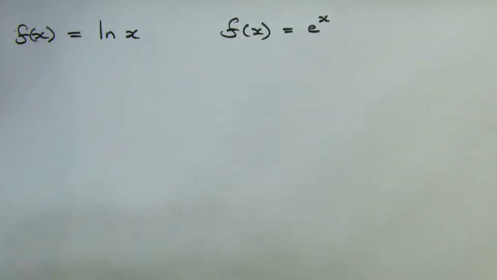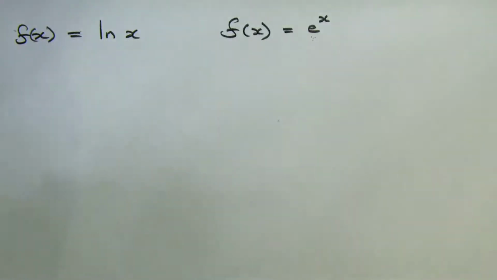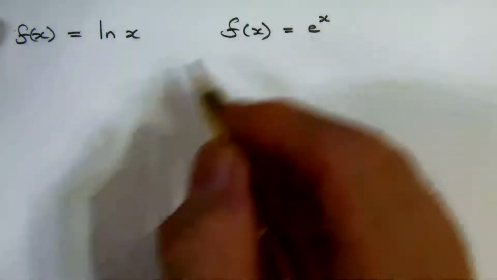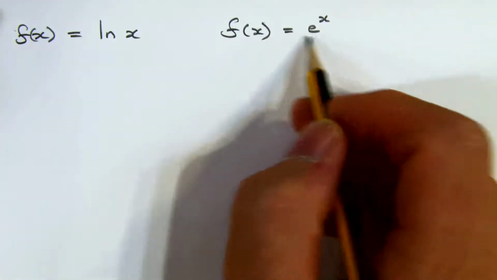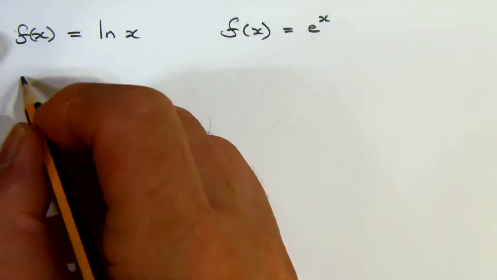But to do this, we've got to try and understand what is e. I find that people do not really understand what e is. So let's have a look at what e is. Let's take a particular function.